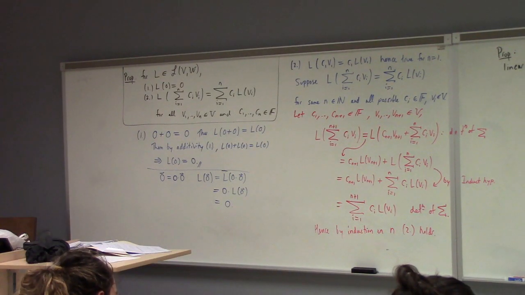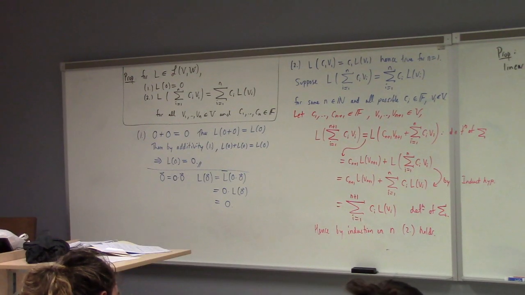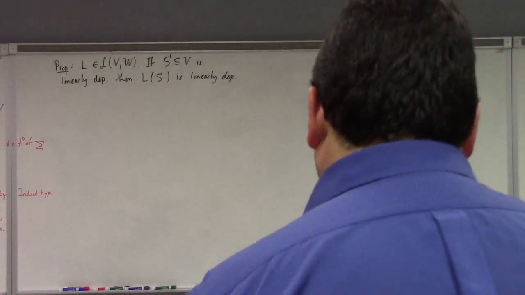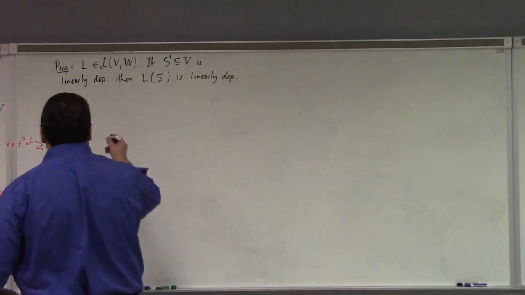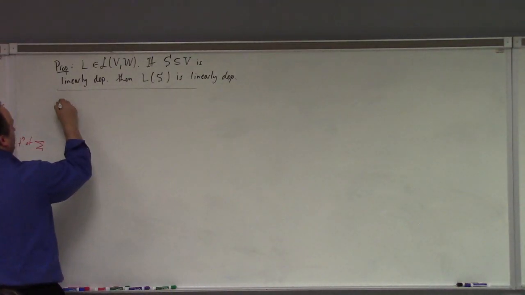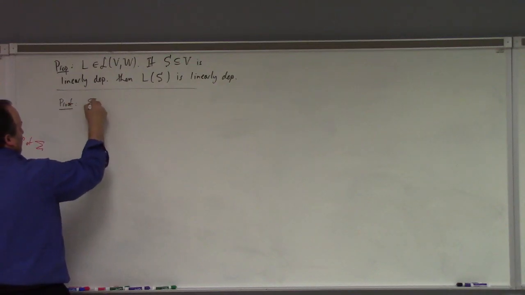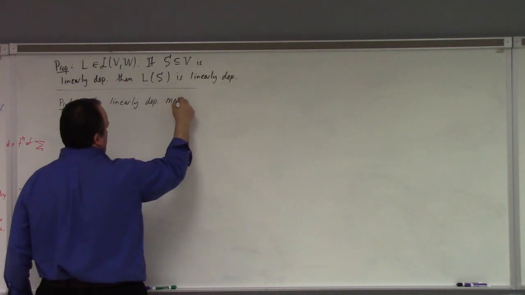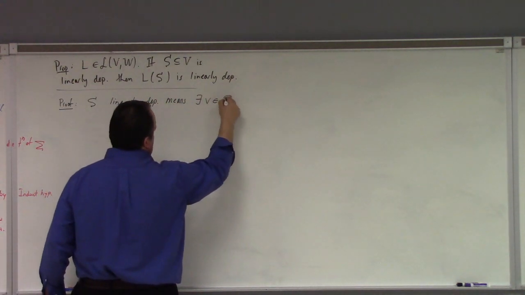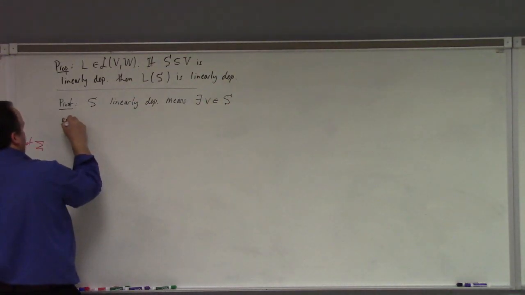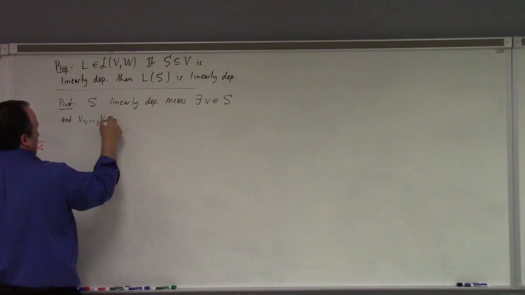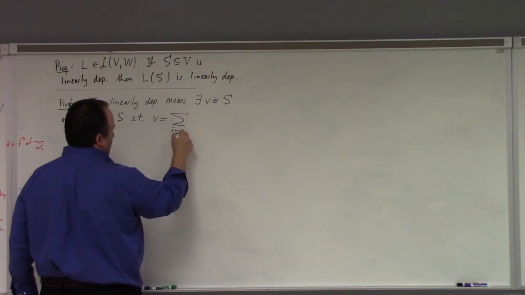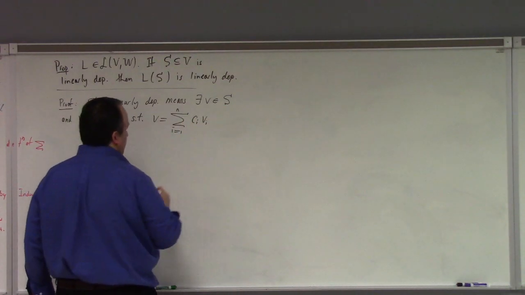So I think without loss of generality, if S is linearly dependent, that means we have a non-trivial dependence in S, right? So the proof goes like this. S linearly dependent means that there exists V in S, and V1 through Vn in S, such that V is equal to a sum i equals 1 to n of Ci Vi, right?